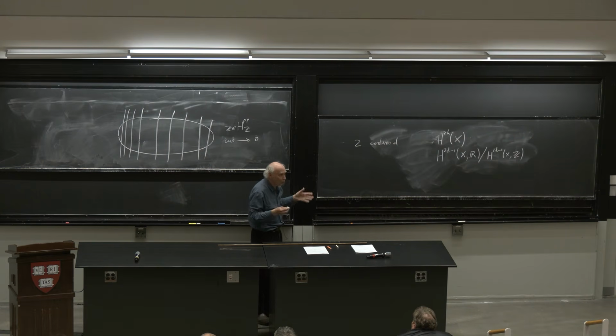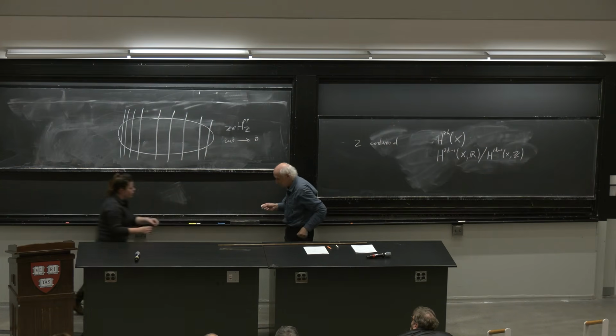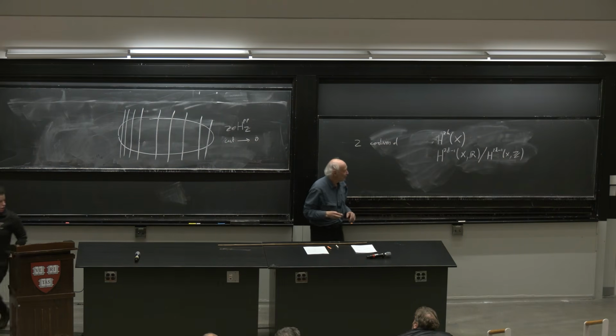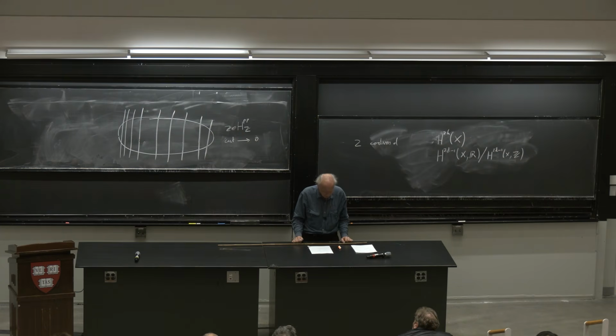So the case of cubic fourfolds, for instance, can be reached like that. But in general, this slicing method, we cannot use it. So that's why it's difficult to prove it.